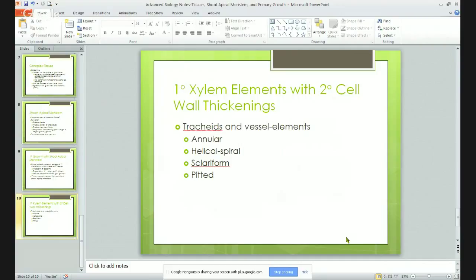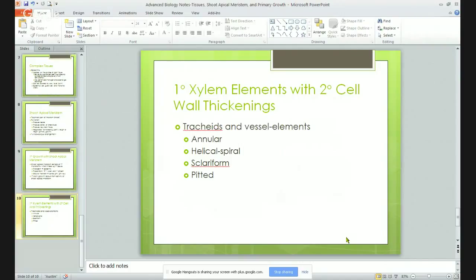The first one, where it's just a plain vessel element with no additional cell wall thickening, doesn't really work. There's not a lot of support. It needs the additional thickening there to help it with its structure.